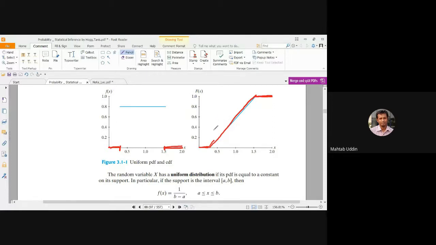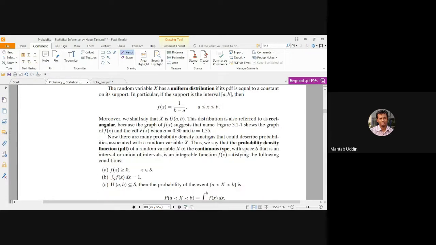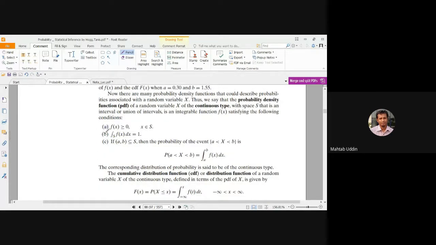If the power is 2, then it will be parabolic, and so on. As usual, as in the continuous type versus the discrete type, the only difference is that we use integration instead of the sum, but everything else remains the same as in the discrete type.